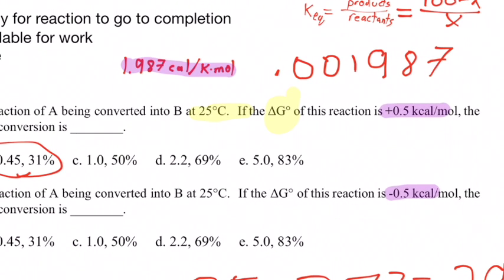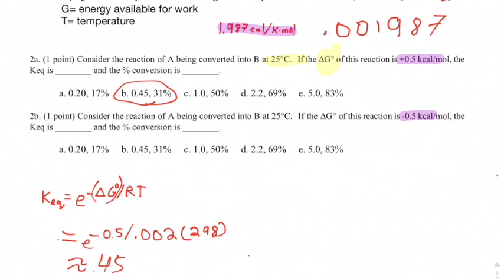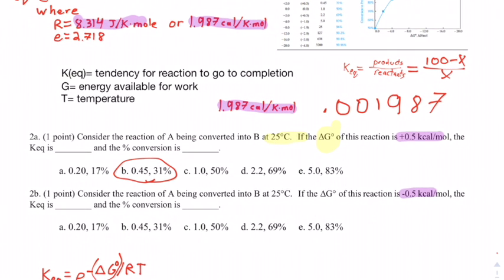If you really wanted to solve for this, we would plug in our k-equilibrium that we just solved for into our equation. So let's make room for this new equation, and I'll copy and paste that down here.